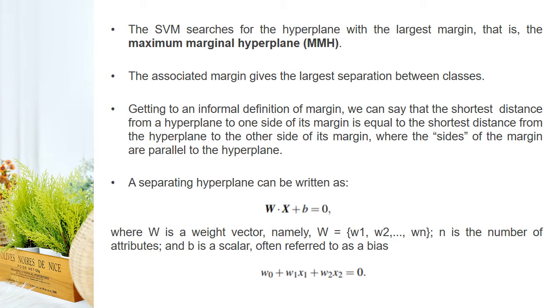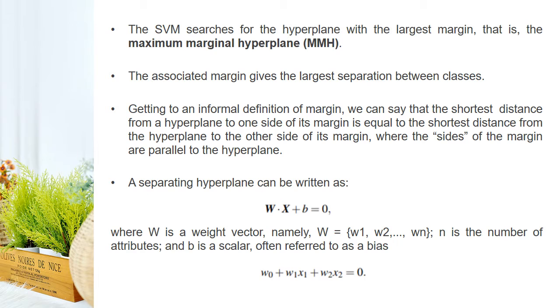Getting to an informal definition of margin, we can say that the shortest distance from a hyperplane to one side of its margin is equal to the shortest distance from the hyperplane to the other side of its margin, where the sides of the margin are parallel to the hyperplane.